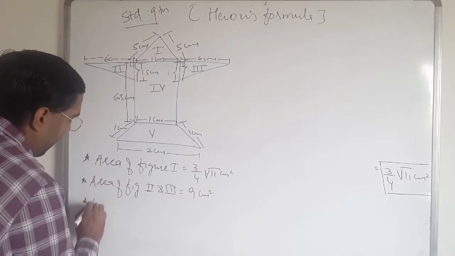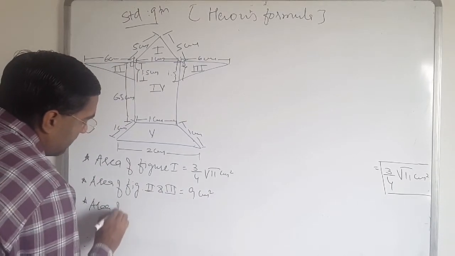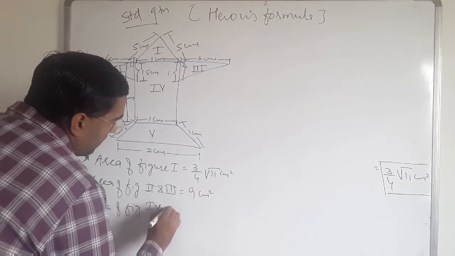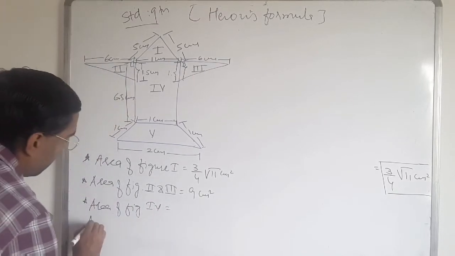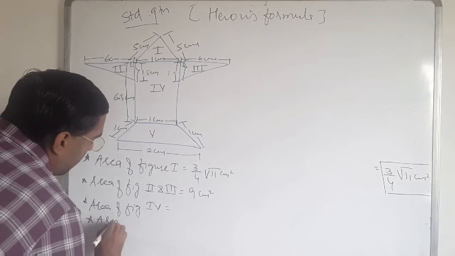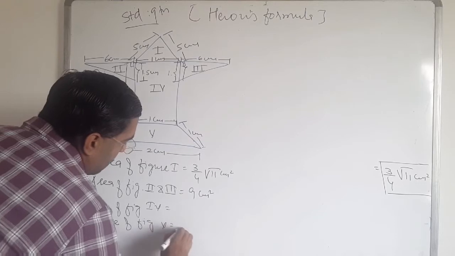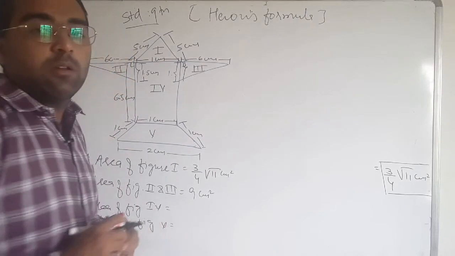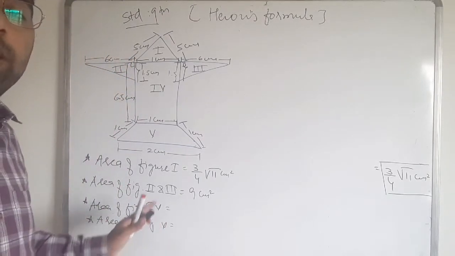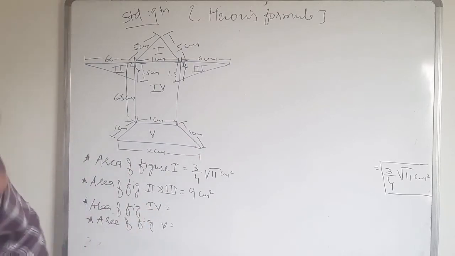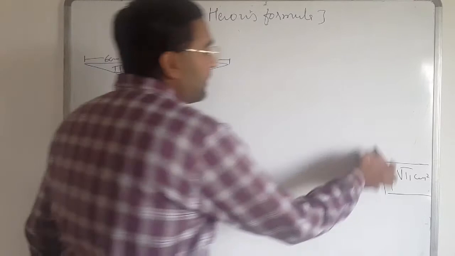Now we have to find the area of figure 4 and after that area of figure 5th. So now we have to find the area of the figure 4th and 5th.